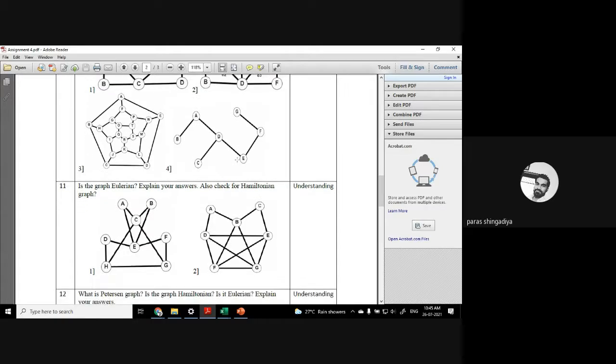Now what about Hamiltonian? Is it Hamiltonian?